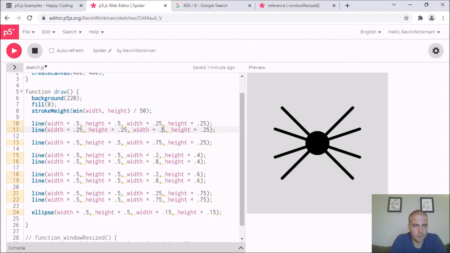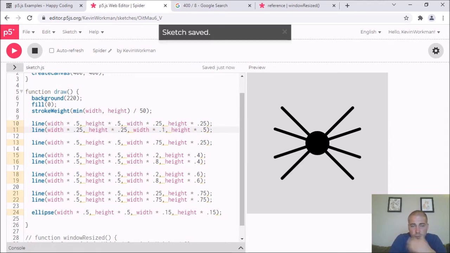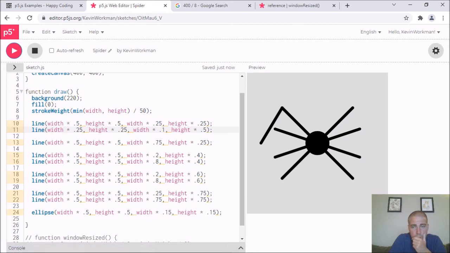Wait, no, that's not right. What was that before? Width times 0.1, maybe, way over here on the left, and height times 0.5. Not horrible. I think this width times 0.1 needs to be even smaller. Yeah, okay, that looks right.